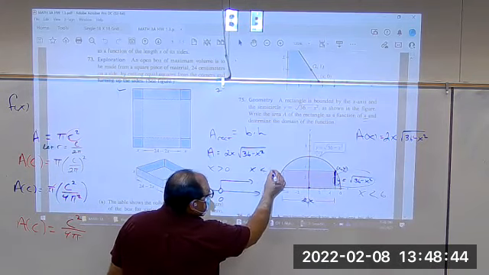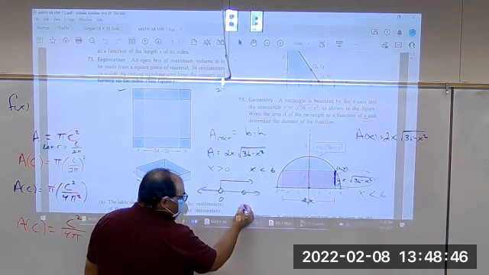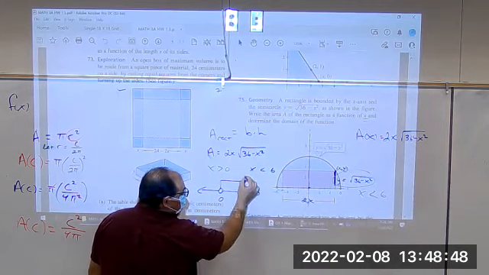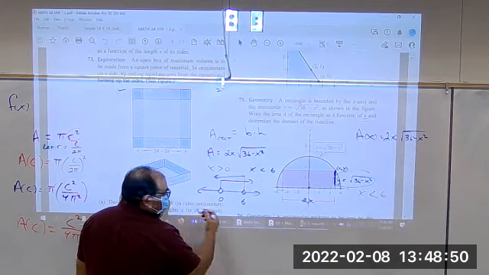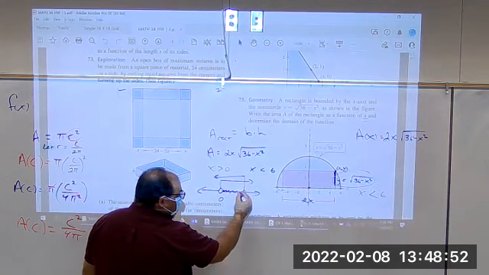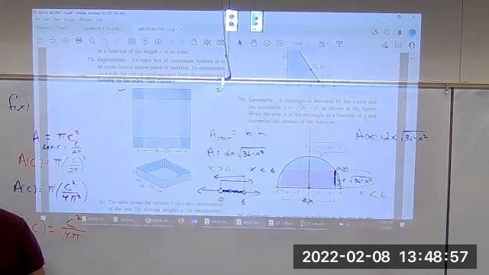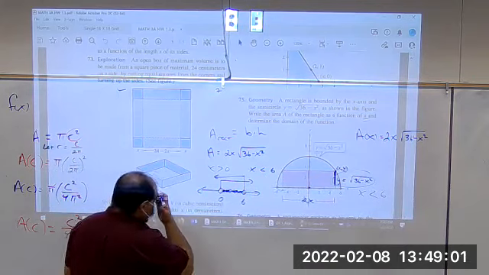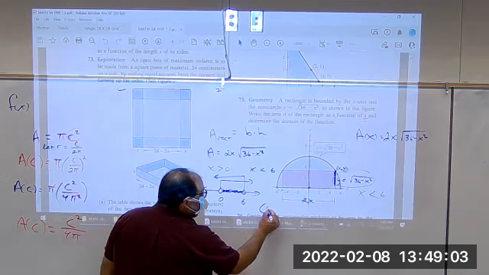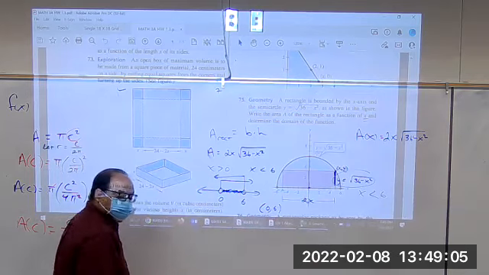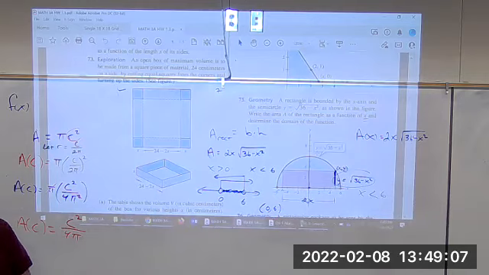X's have to be less than 6. So open circle on the 6, less than 6 goes that way. So everything that would work would be the stuff in between. So my domain would consist of any number that's in between 0 and 6. That would be my domain.